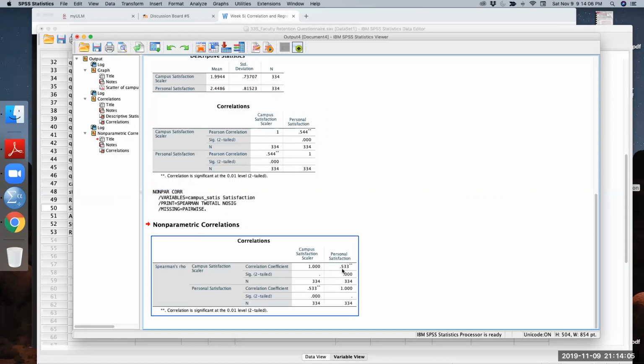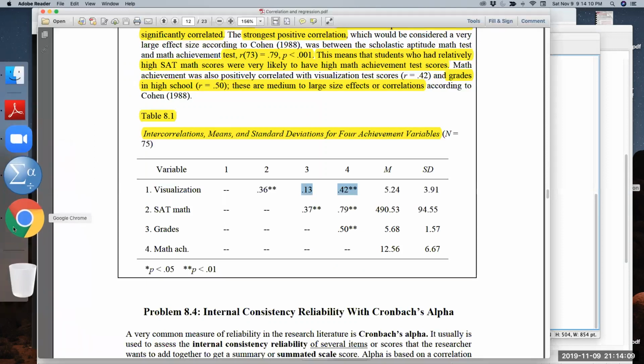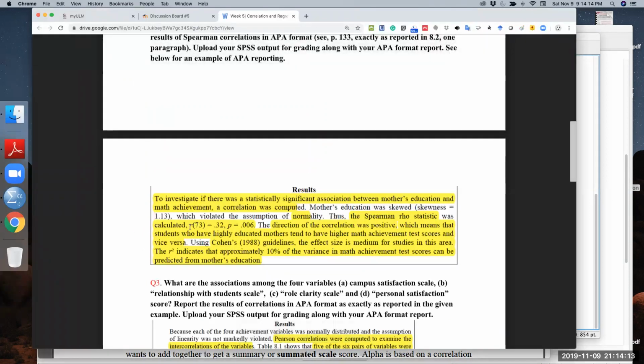So here 0.533 will go over here, the r value, with the number of faculty members, and then p values and r values will go there.